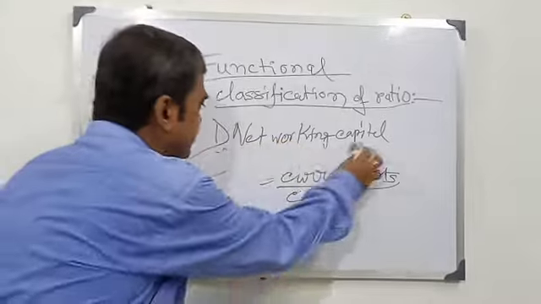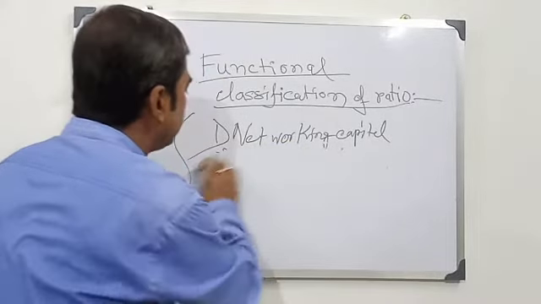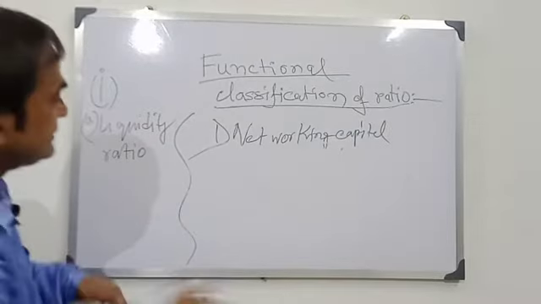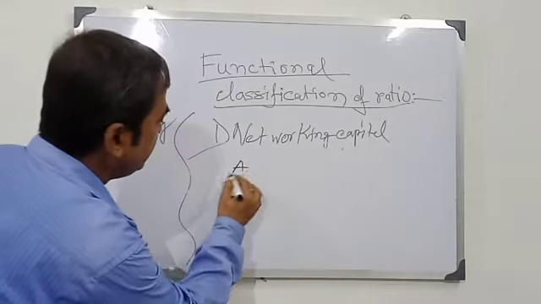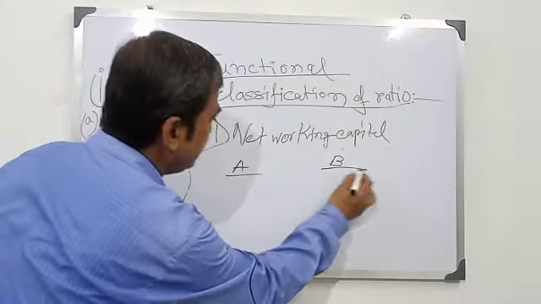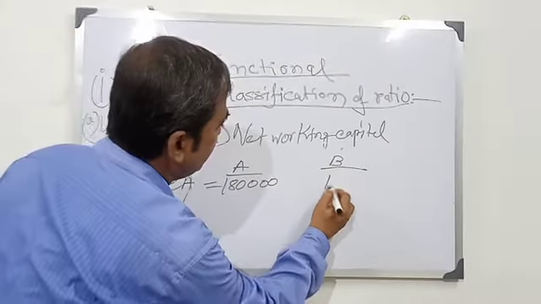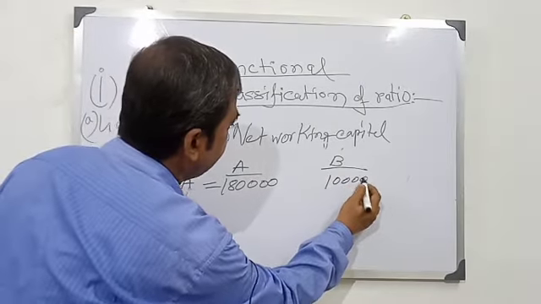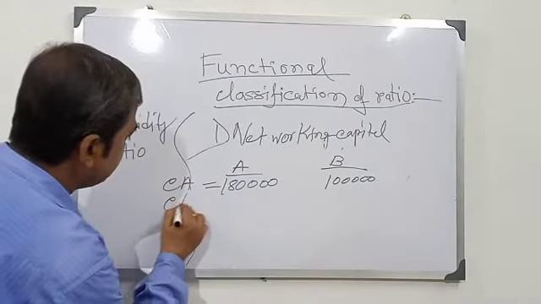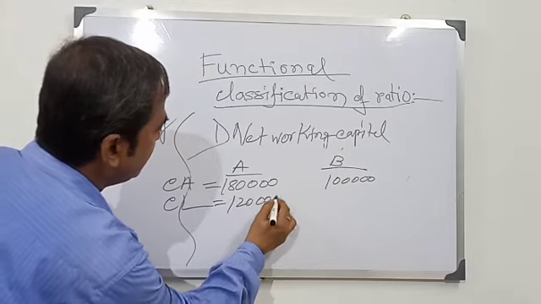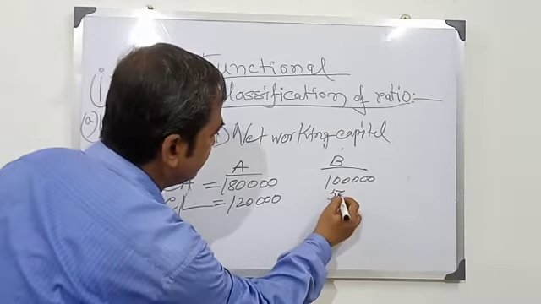Current ratio over, now the net working capital. Last one. Say Farm A and Farm B. Here, 1,80,000 is current asset; here, 1 lakh only. Here, current liability say 1,20,000; here, say 50,000.